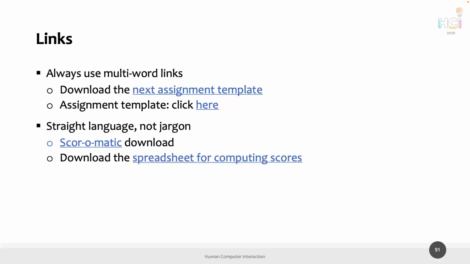So please do not use "click here" as a link, but use a link that explains the content. And also try not to use jargon, but use straight language, like do not use "scorometric download", but use "download the spreadsheet for computing scores". And this is very important.